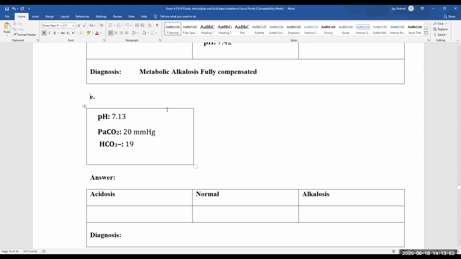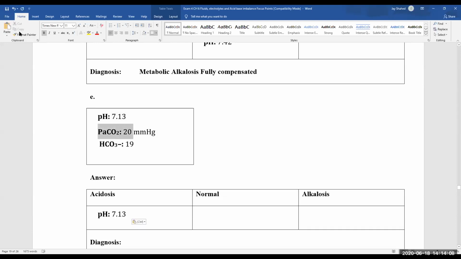The pH is acidic. Yeah, it's partially compensated. pH acidic or basic? Acidic. How about PaCO2? Basic.